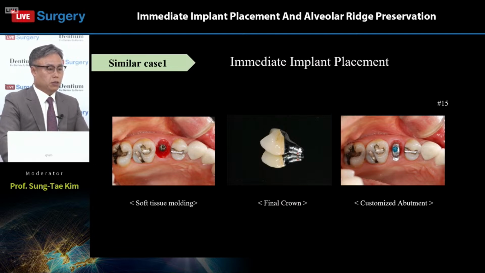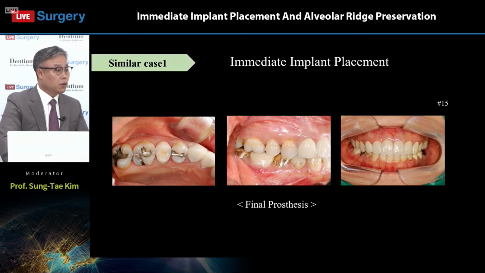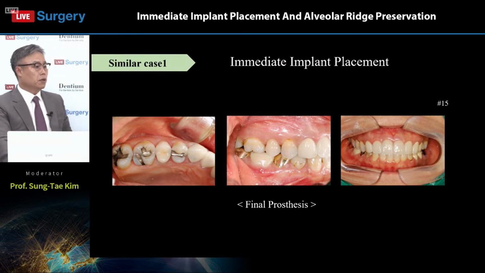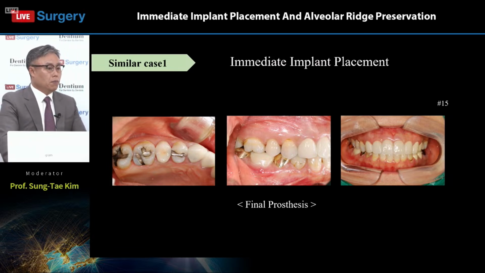A customized abutment was used for the final restoration. This is the final prosthesis. Because he placed the implant pretty well in a good position, I think a screw-retained restoration was possible, but for some reason the cement-retained type of restoration was delivered and maintained.